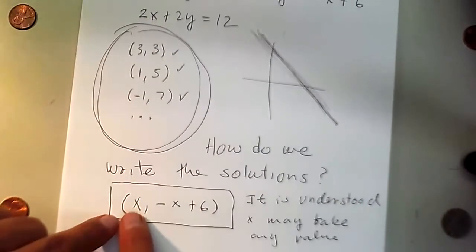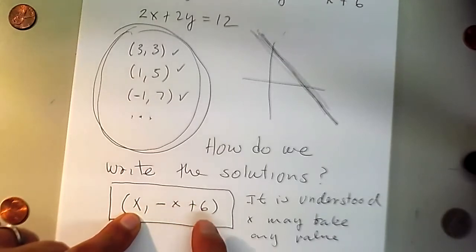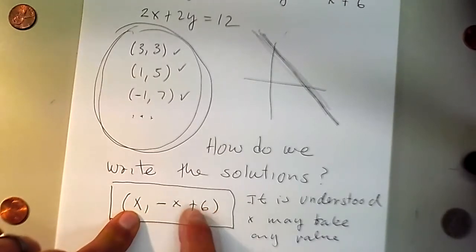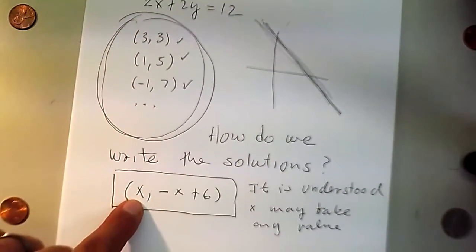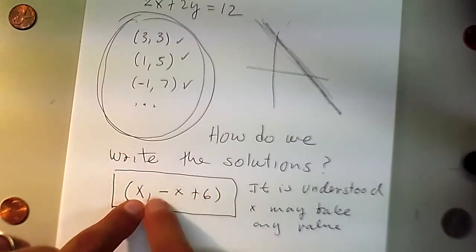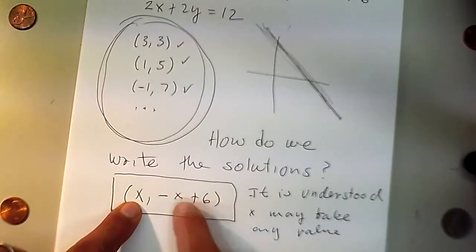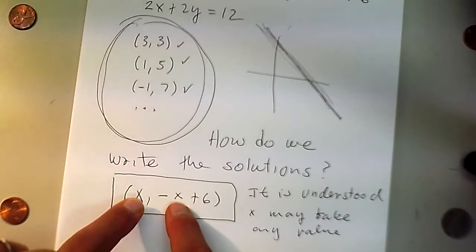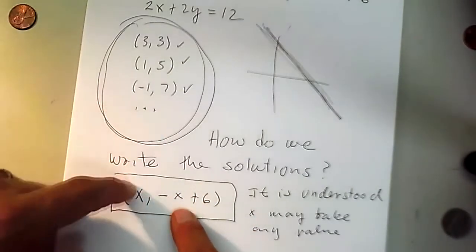We have 3, and then you have to figure out what the y value is. If x is 3, it would be 6 minus 3, which is 3. If the first variable, the free variable, is 1, then 6 minus 1 is 5. So then we have (1, 5). If the first variable is negative 1, 6 minus negative 1 is 7. So (negative 1, 7) would be a solution, and so forth.